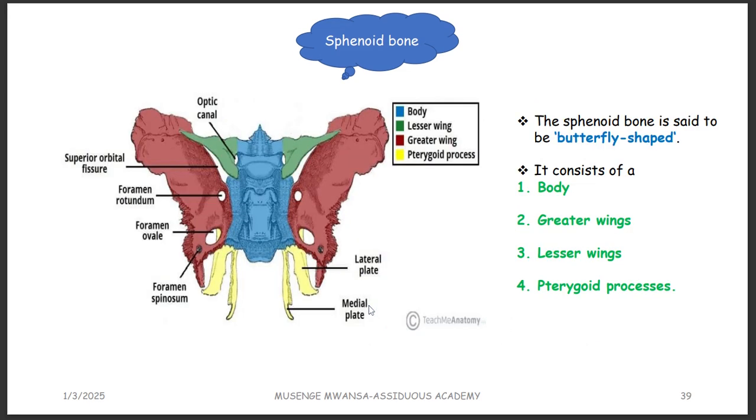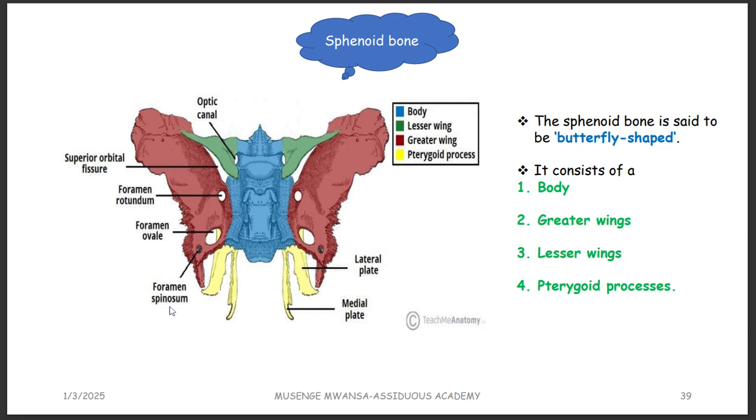So that's important to know. Please don't forget foramen rotundum, foramen ovale, and foramen spinosum. You can use the mnemonic ROS: rotundum, ovale, spinosum.